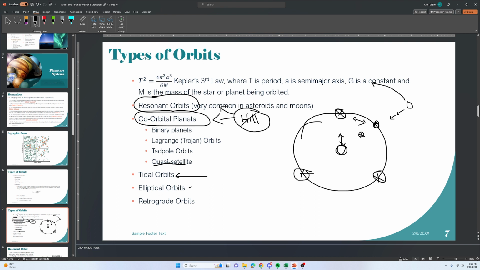Okay, elliptical orbits are your standard orbits. This is the kind that every planet in the solar system has. No orbit is actually a circle. They're always ellipses like this, and the star is at one point over here. And so this leads you to something called the periapsis.